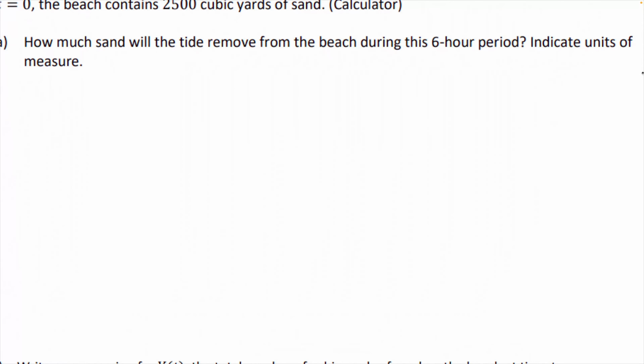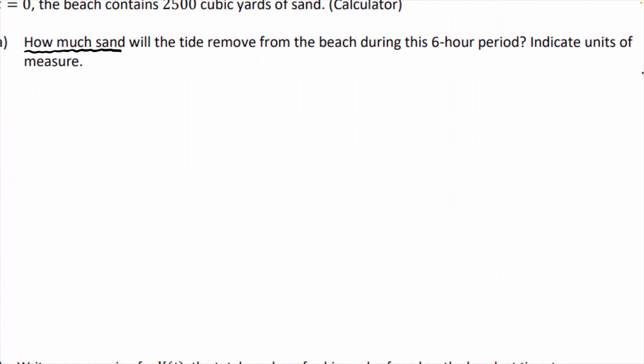How much sand? Right there, those three words. What is it asking for? How much sand the tide removed from the beach during 6 hours. Well, no, I'm just talking about how much sand. Removed? No. Total, right? Up here. If they ask how much, they want a total.